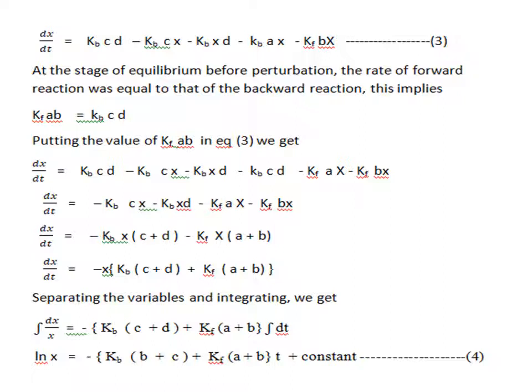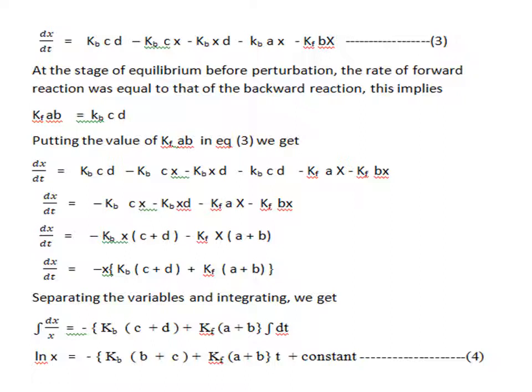That is, taking kb and kf constant in the above equation, we will get dx over dt equal to minus kbx into c plus d minus kf into x into a plus b. Or you can write dx over dt equal to minus x into kb into c plus d plus kf into a plus b.